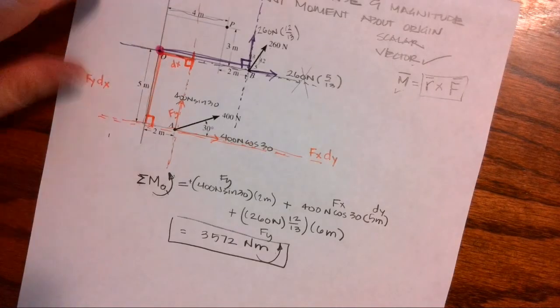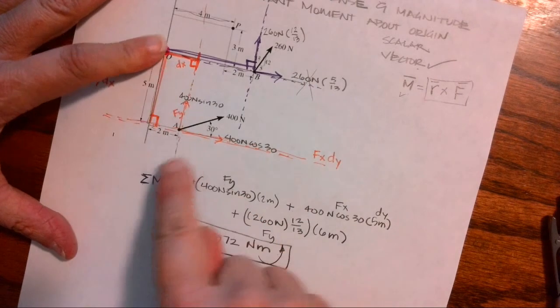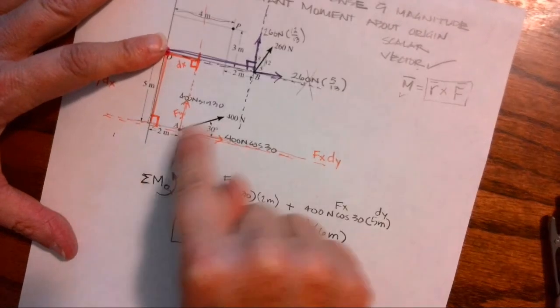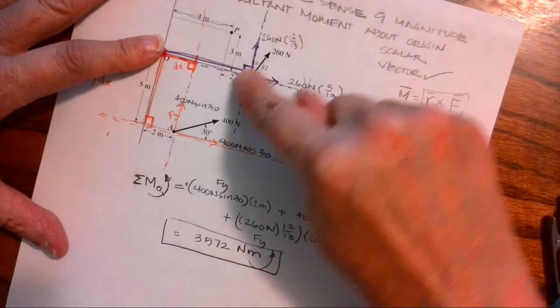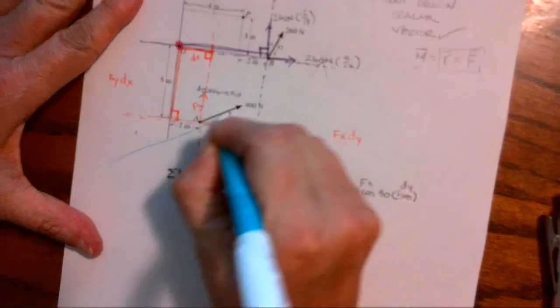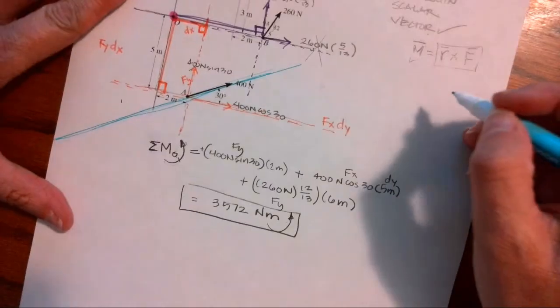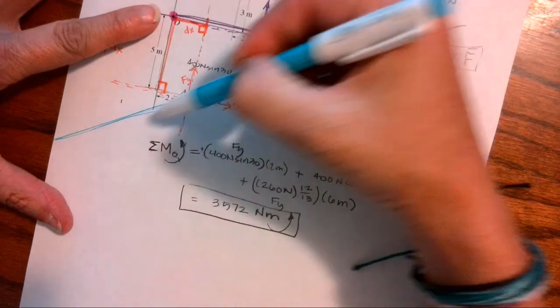So when I am looking at taking the moment about point O, I'm going to have this 400 Newton vector, and I'm going to have this 260 Newton vector. And when we're using position vectors, remember, we don't have to find the perpendicular distance. So if I take my vector and I follow along my vector line, I can come to any point on this vector.